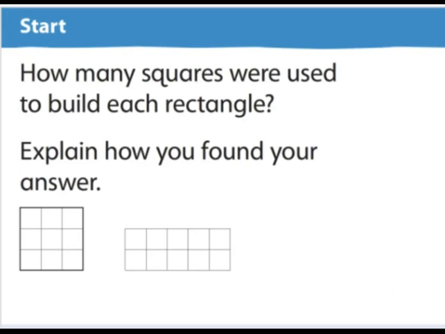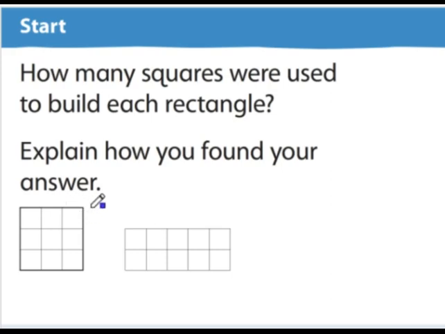Okay, our first problem today is how many squares were used to build each rectangle? Explain how you found your answer. So let's think about that. Now you could have counted each one by one, 1, 2, 3.